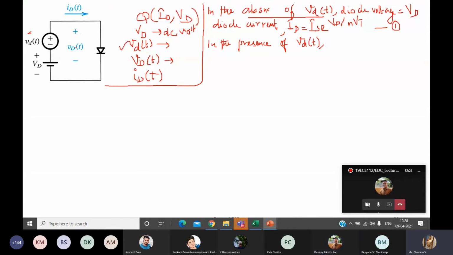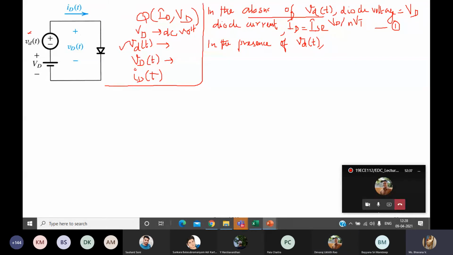So what will be your diode voltage? Capital VD plus small vd. It will be the instantaneous value, right? Now if you superimpose a pure AC to pure DC, your total value will be this one.